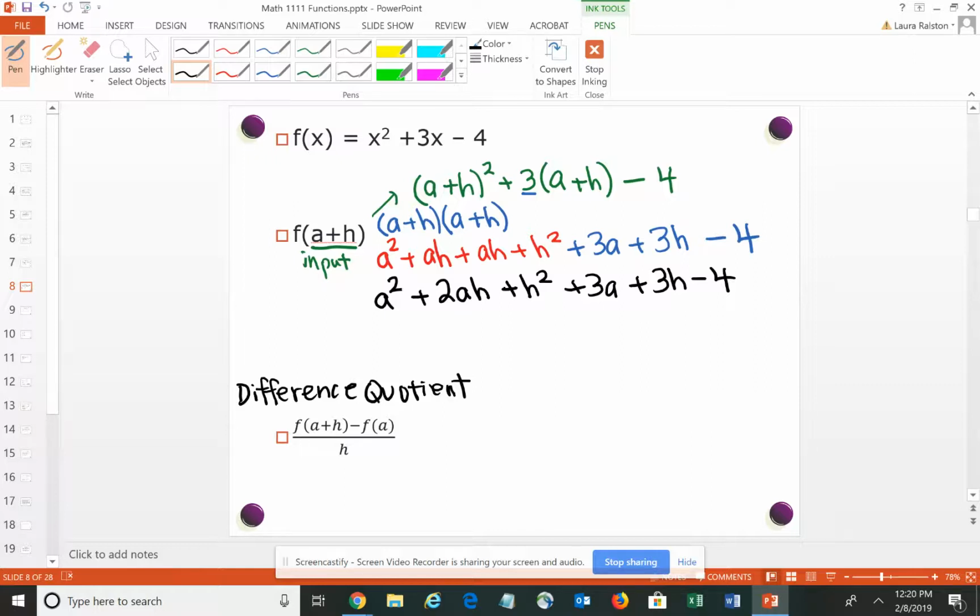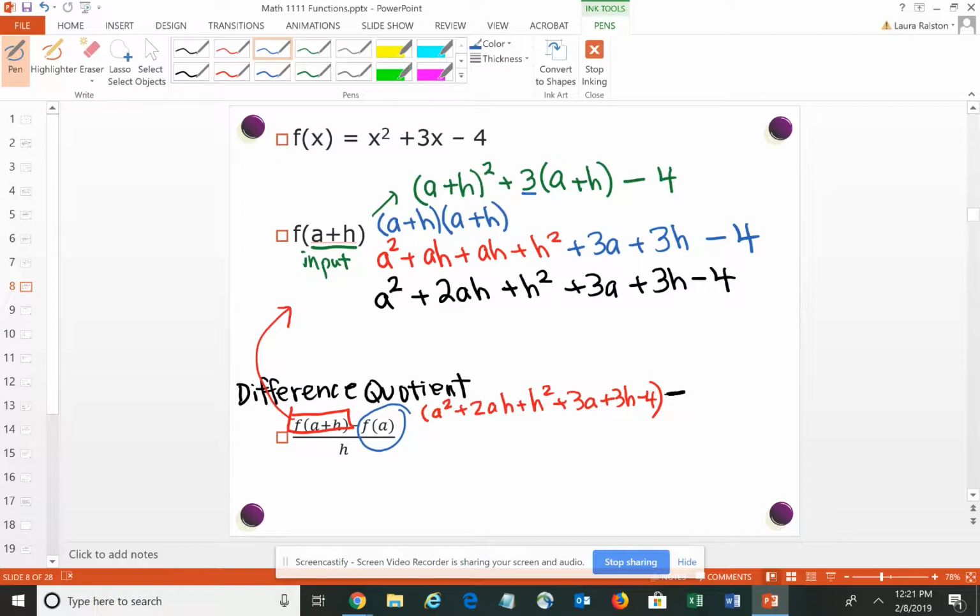Now, basically it's a formula. They want us to take f of a plus h, which I've calculated just right above here. It's this expression up here, so I'm going to substitute that in. So I have a squared plus 2ah plus h squared plus 3a plus 3h minus 4. Then you have the minus sign, and then they want you to put in f of a. And f of a is back one slide.